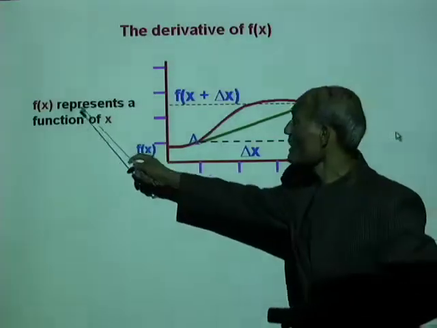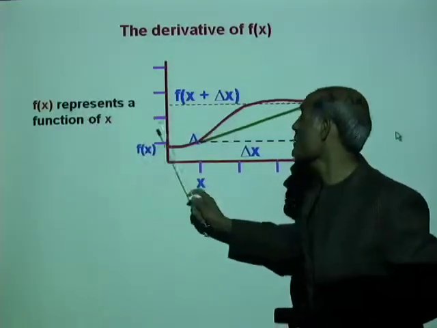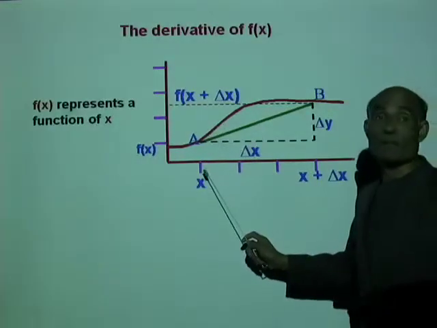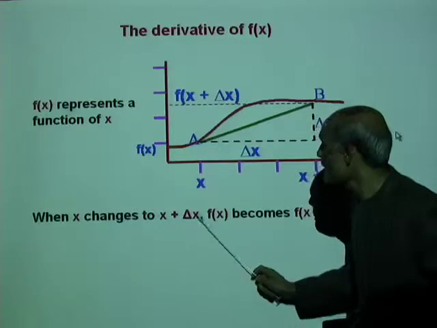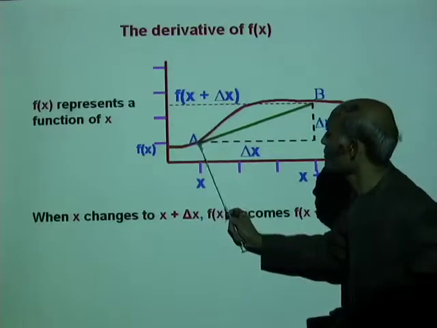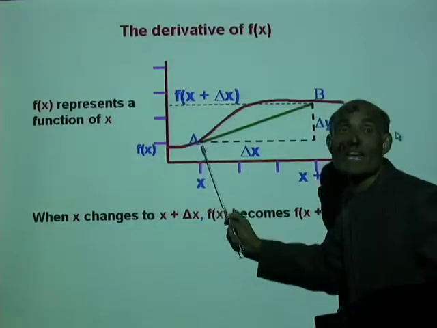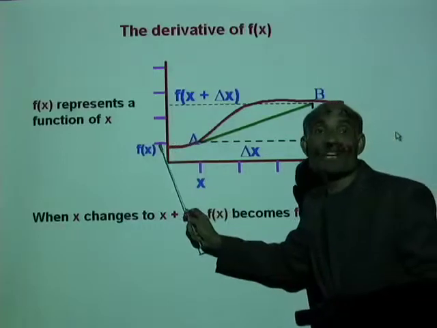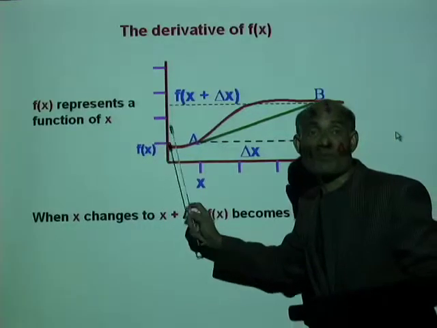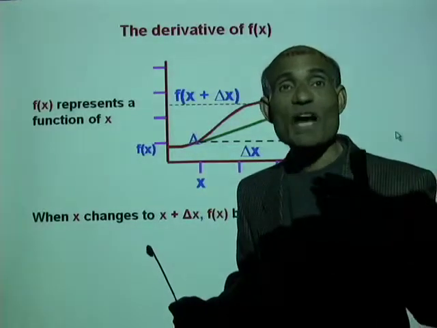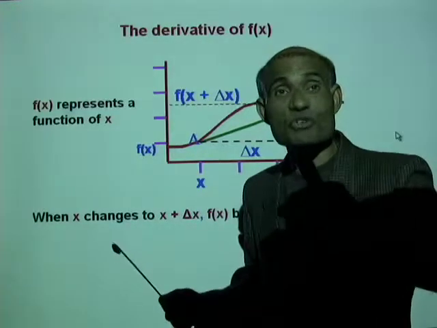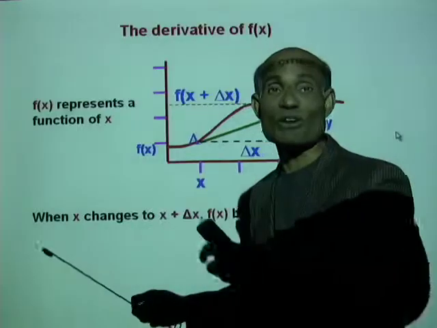Now, if f of x represents the function of x, then when x changes to x plus delta x, look at this. When x equal to x, the function is f of x. Is that right? Just like when you work for 2 hours, the output is f of 2 equal to $20.